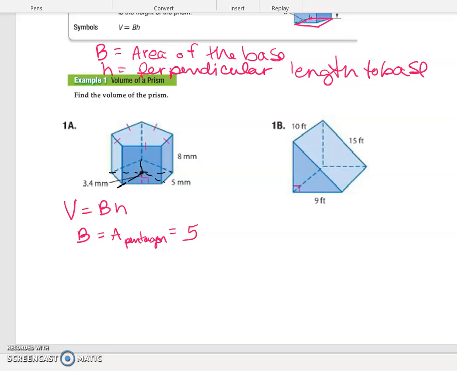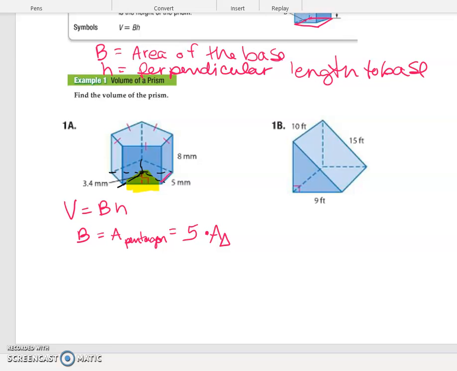Because this is technically a regular pentagon, all of those little triangles are going to be the same size. So if we find the area of one of those, we'll have the area of all. And so I'm going to multiply the area of one of the triangles of that base by 5 because I would have 5 of those.